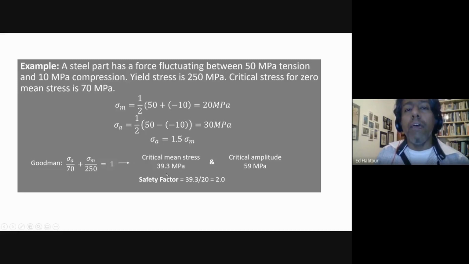And then I pick the one that's the lowest, and based on the lowest one, I calculate the safety factor, because I'm trying to be conservative, and I divide it by my mean of 20. And that tells me that my safety factor is 2.